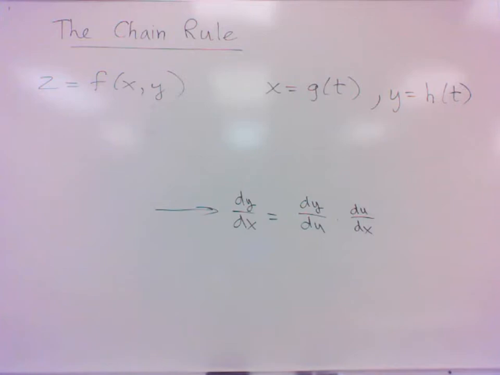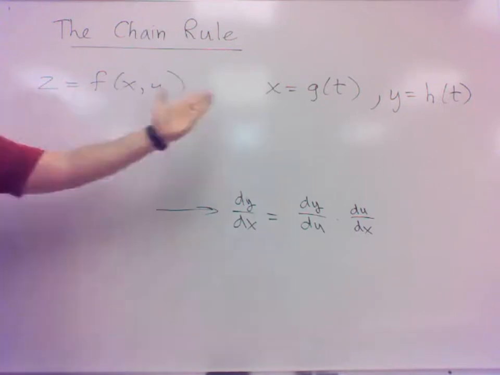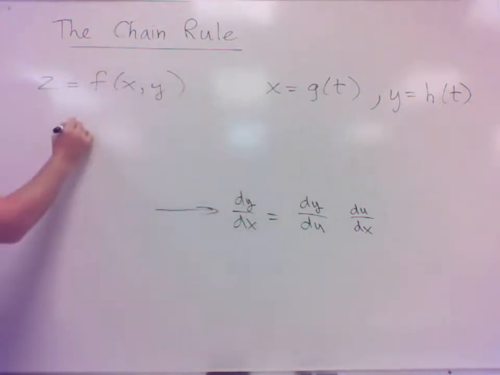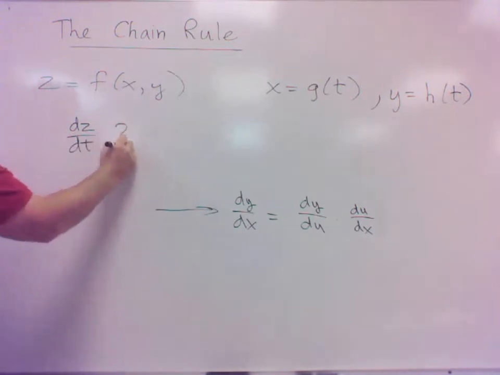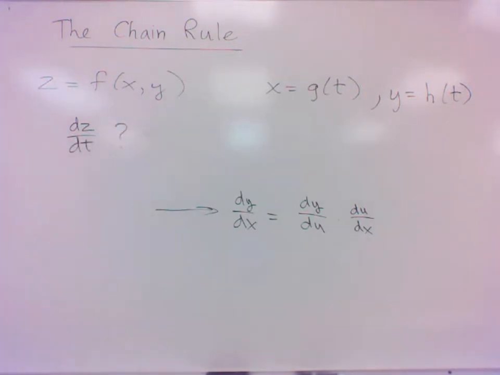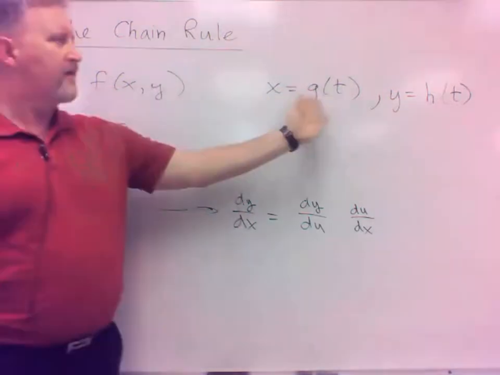So the idea here is, in this case, we'd have partial derivatives of f with respect to x. But what if we were wanting, in this case, couldn't we think of dz/dt? Because essentially what we're saying here is, yeah, z is a function of x and y, and x and y are functions of time.